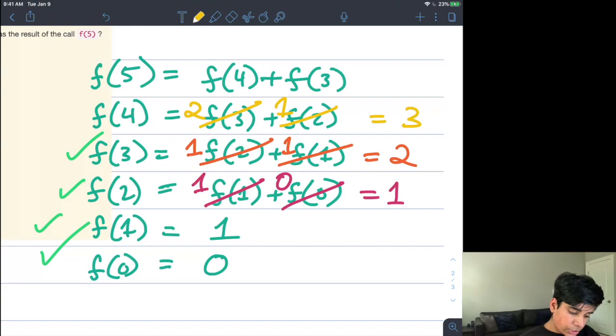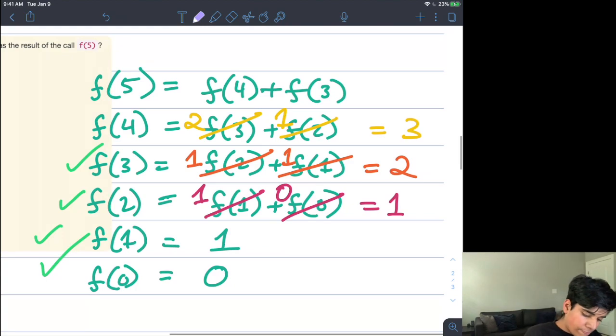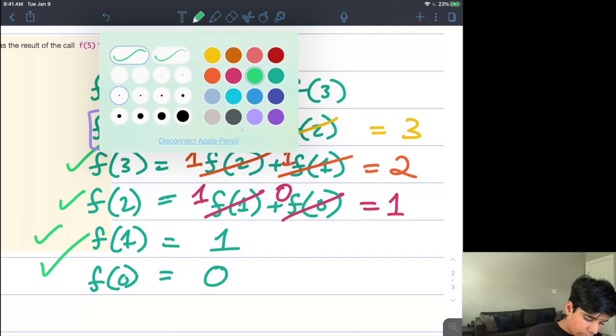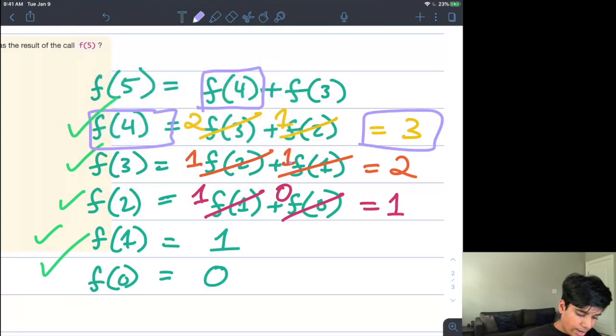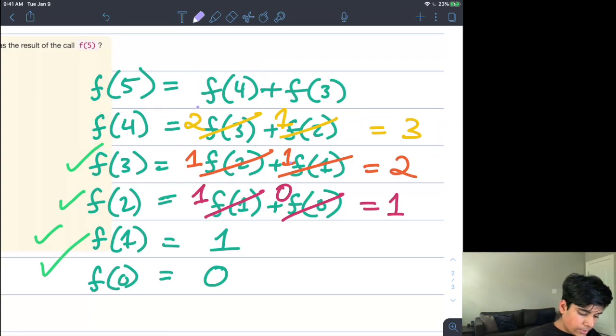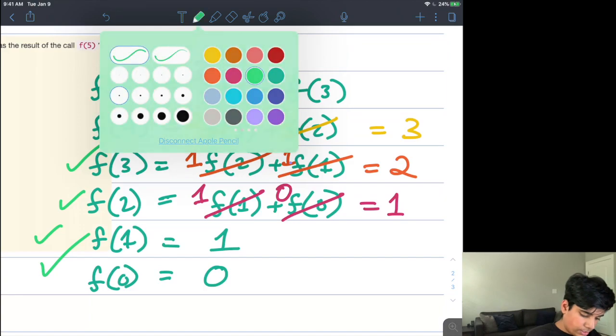All right, so now we're going to go to the last step, and that is f5. And we know that f5 is equal to f4 plus f3. And we know that f4, because we solved for it, I'll add my little check mark, right? f4 is equal to 3 right over here. So what I'm going to do is cross this out, and put 3 over here. So I just check mark that again.